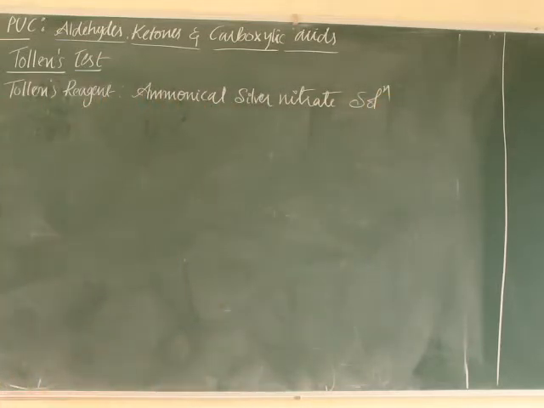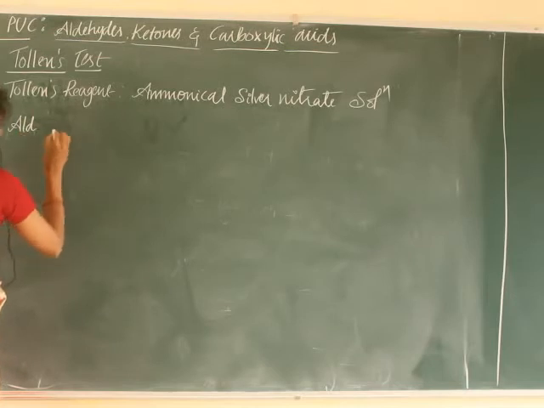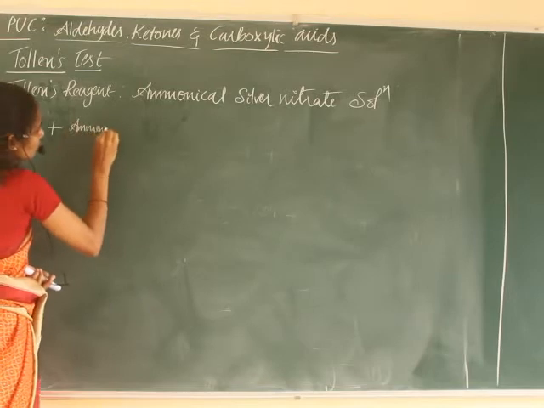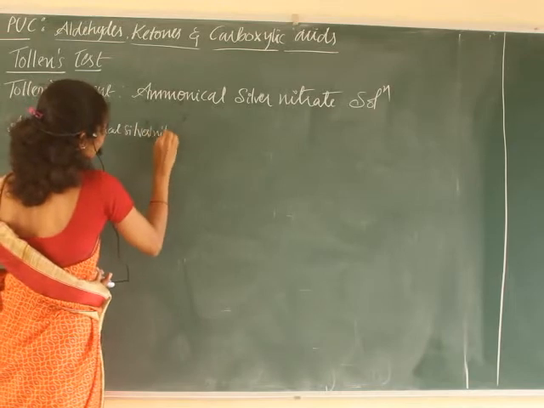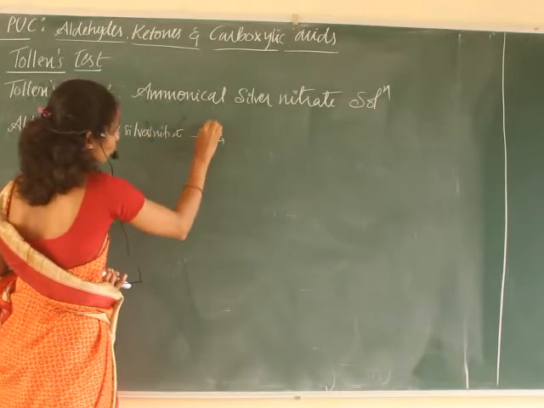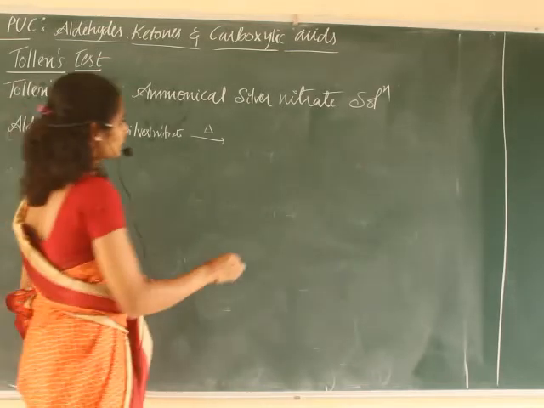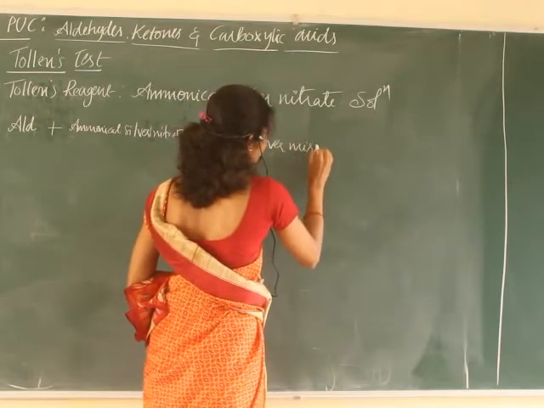Now, aldehydes on warming in the presence of ammoniacal silver nitrate solution: if we take an aldehyde or organic compound in a test tube, and warm the aldehyde with the ammoniacal silver nitrate solution, then it results in the formation of a silver mirror.